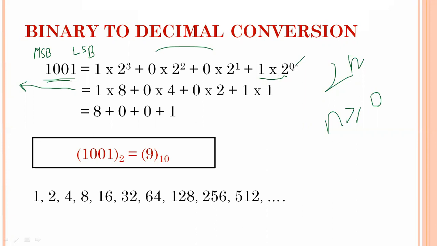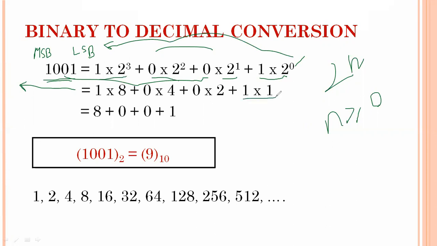So 1 into 2 raised to power 0, then 0 into 2 raised to power 1. The value of n increases by 1 each time, so 0 into 2 raised to power 2, and the last term 1 into 2 raised to power 3.